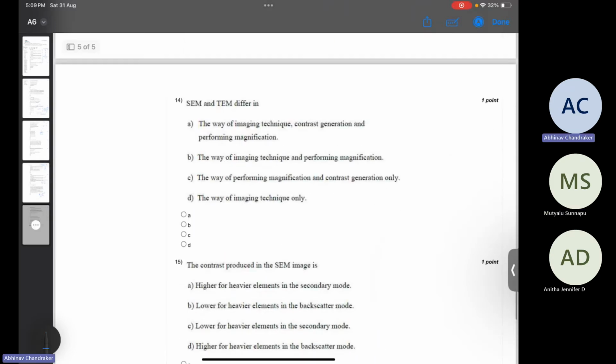So let's move to 14. SEM and TEM differ. SEM is scanning electron microscopy. The way of imaging technique, contrast generation and performing the magnification. The way of imaging technique and performing magnification.